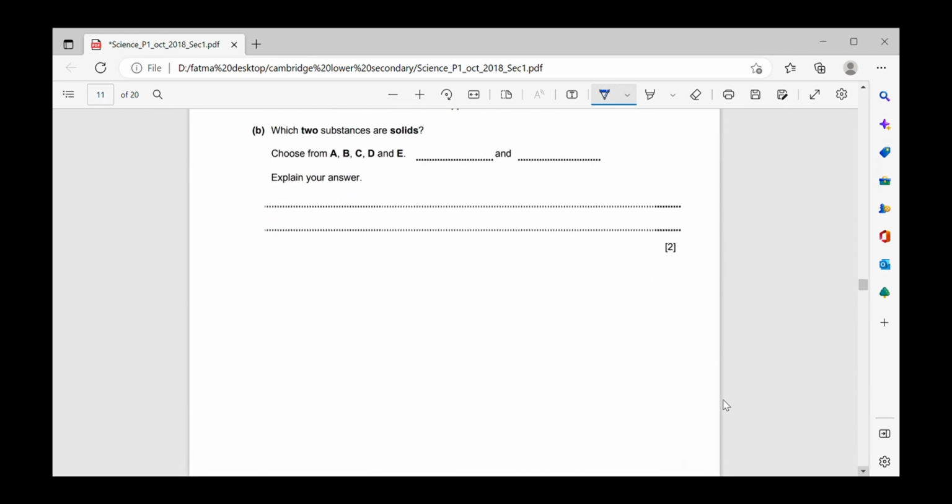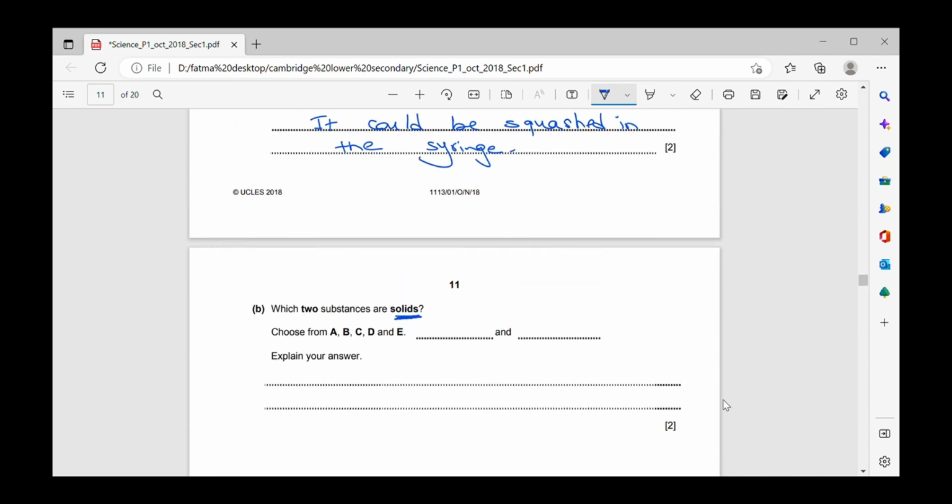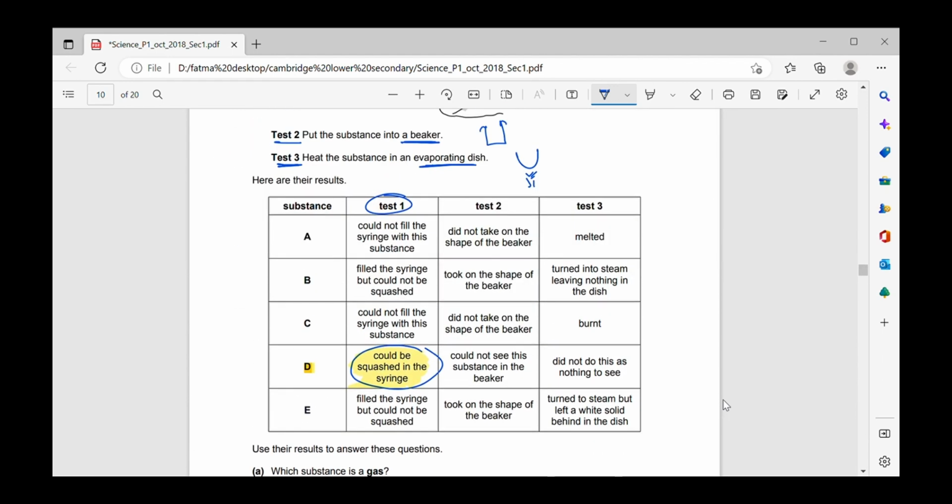Question B, which 2 substances are solids? Let's check their properties. Solids couldn't be squashed, for sure. What else? Put the substance in a beaker. What happens to a solid when it's put in a beaker?